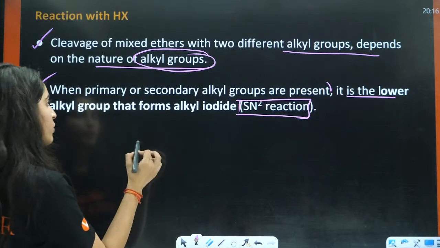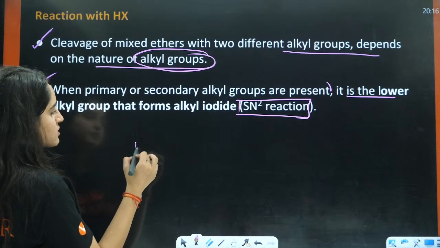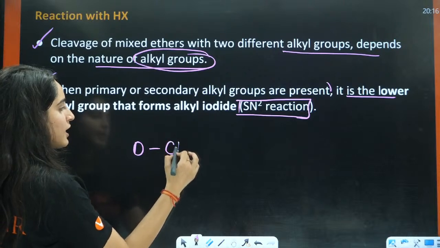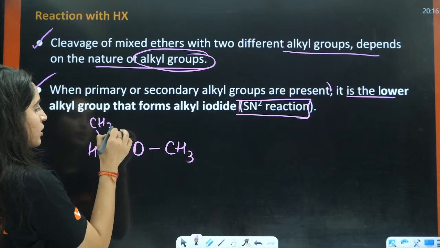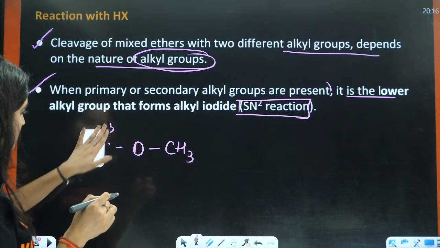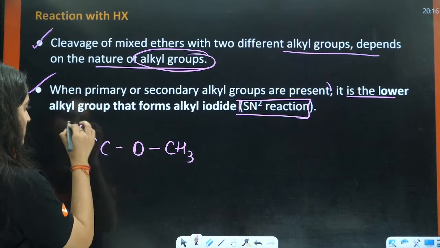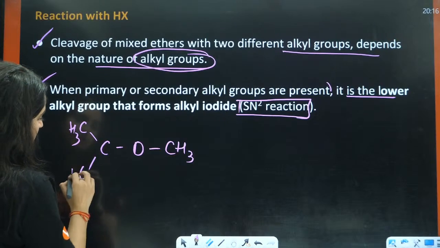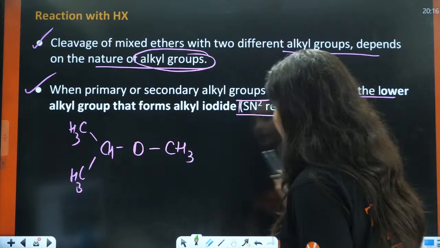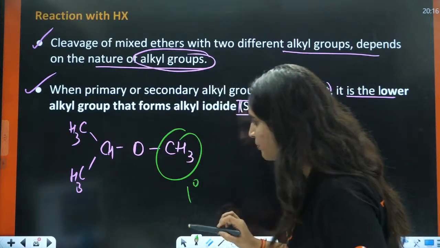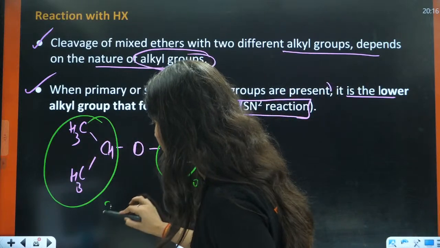For example, you have O attached to CH3 on one side and CH(CH3)2 on the other. Here one is a primary group and the other is a secondary group.